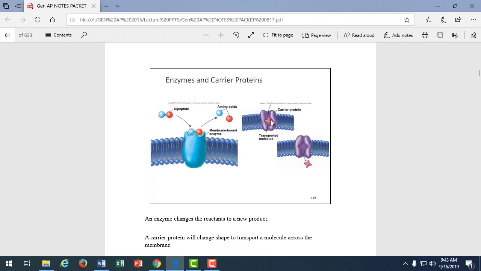So it's not a channel for flowing of substances, but actual grabbing it and moving it into the cell. So that's a carrier protein. But either way, no matter what the substance is, if it's a large globular structure that spans the membrane or is on one side or the other, we know that it's a protein, right?